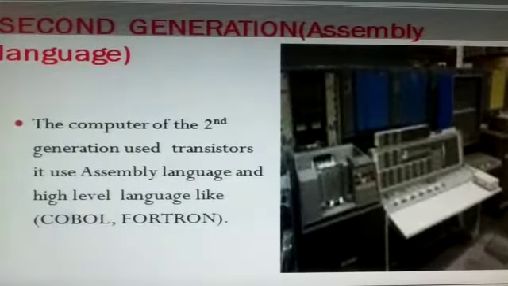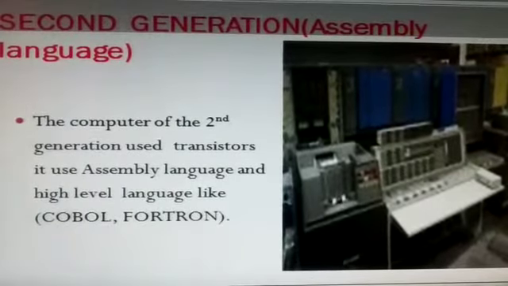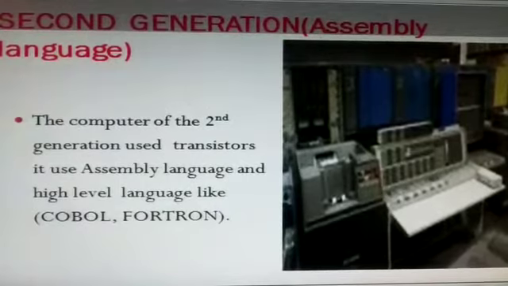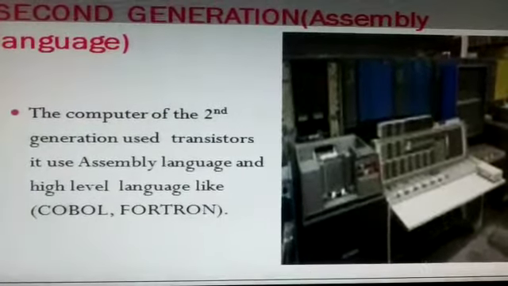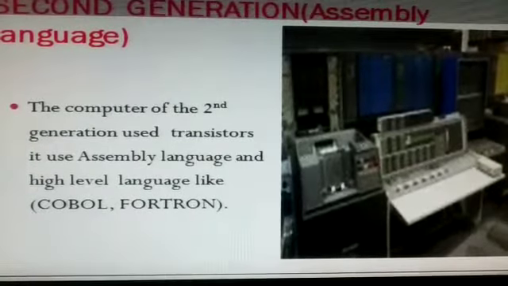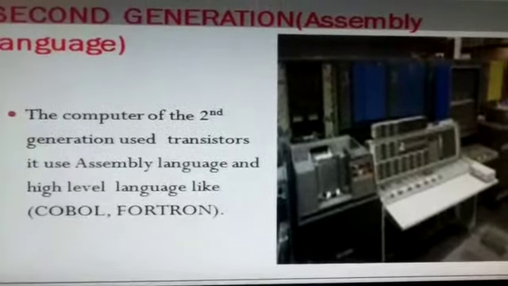And the main features of the second generation are: first, use of transistors; reliable in comparison to the first generation computer; smaller in size as compared to the first generation computer; and generated less heat compared to the first generation computer.